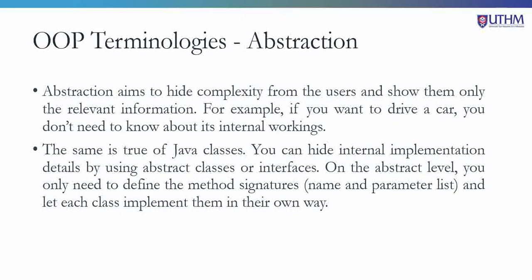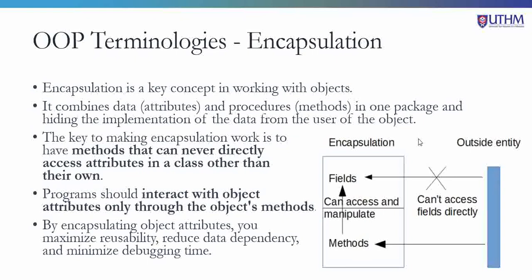Okay, and then encapsulation. After this is encapsulation. Okay, encapsulation is what I mentioned previously, the combination of data, or attributes, and also procedures or methods in one package. Okay, and hiding the implementation of data.